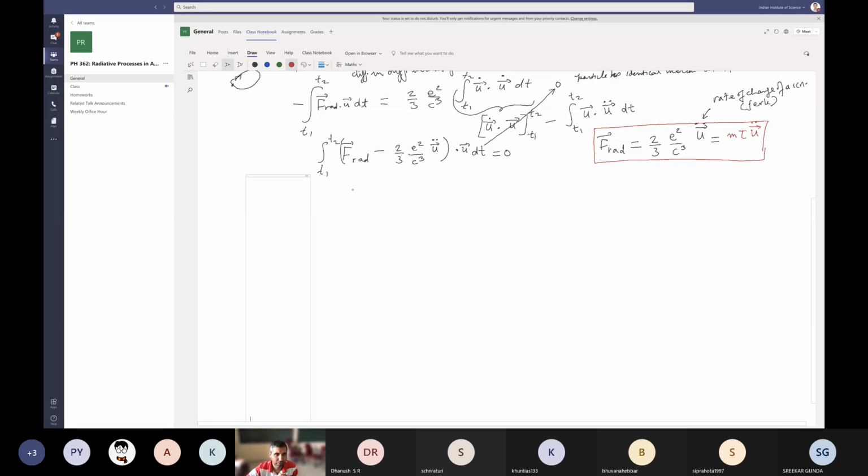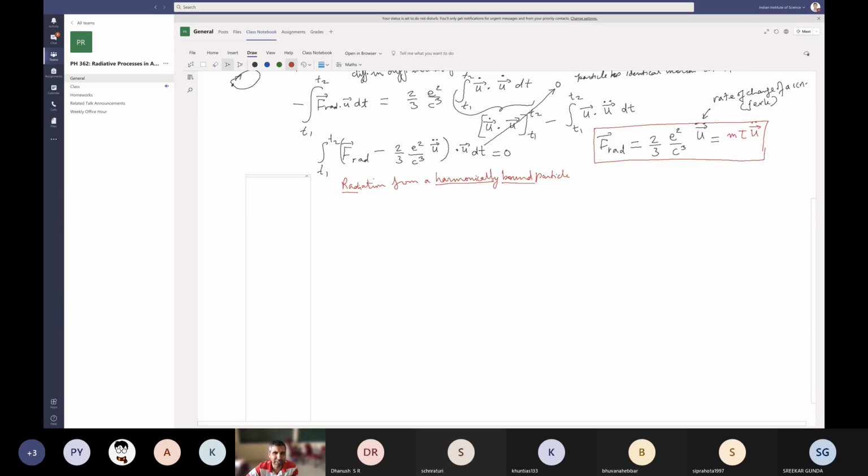Now, previously we learned about Thomson scattering. Now we'll do radiation from a harmonically bound particle. In Thomson scattering, the electron was free. Now it is harmonically bound, for example, in a stable orbit, right?